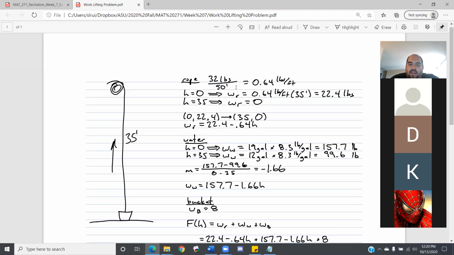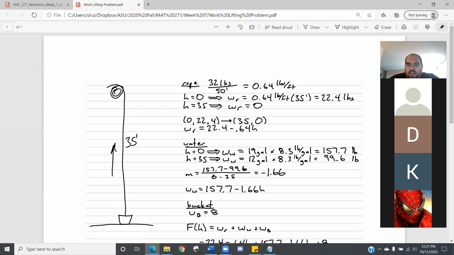I can use that information to find out that for any length of this rope, I can just multiply 0.64 times that length of rope, and I can get that weight. So I have a constant rate of change of the weight of the rope with respect to its length. From there, I know I'm building a linear function for the weight of the rope.